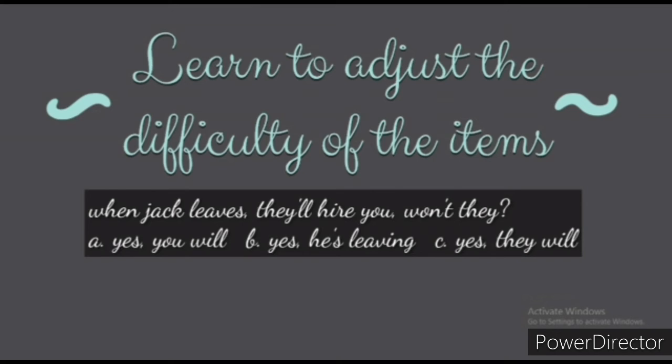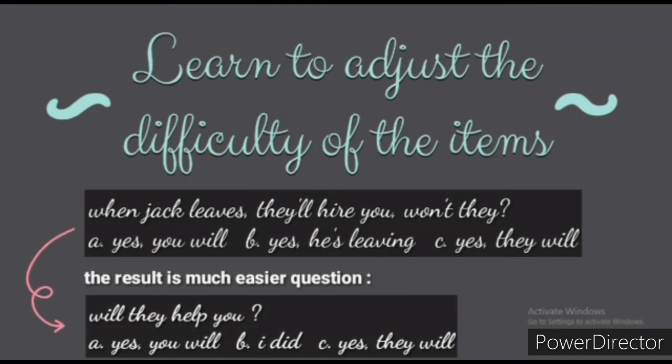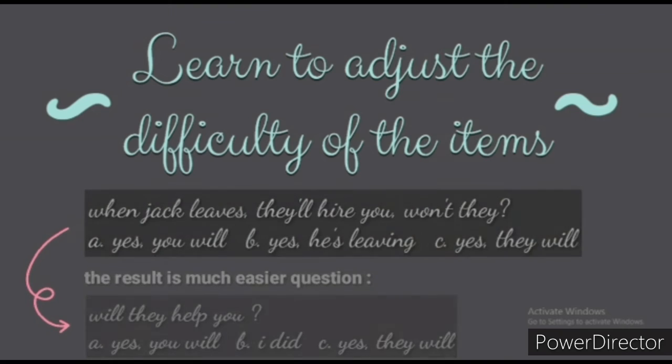We can change the more difficult "hire" to "help", and then shorten the sentence to "Will they help you?" Now change distractor B to "I did." Keep distractors A and C as they are. The result is a much easier question. Will they help you? A. Yes, you will. B. I did. C. Yes, they will.